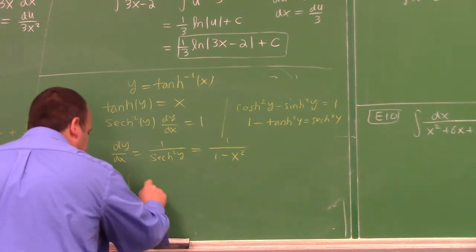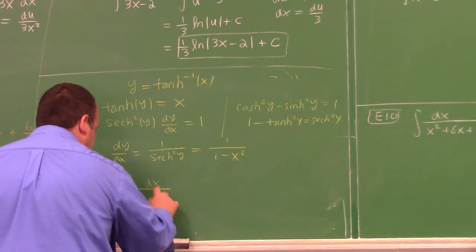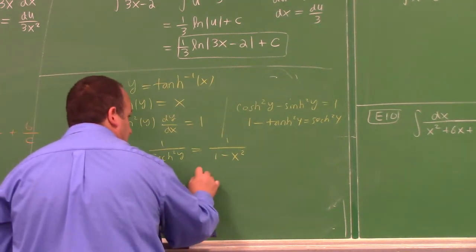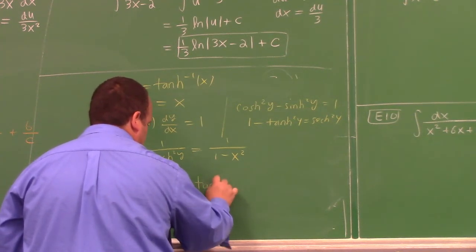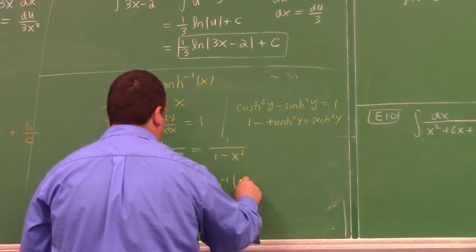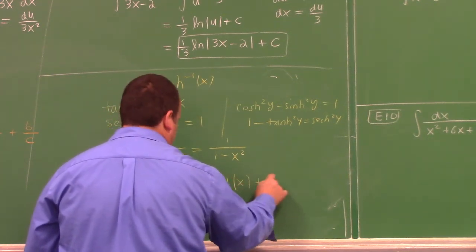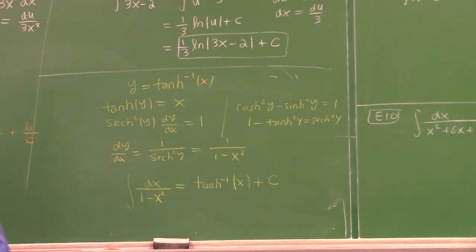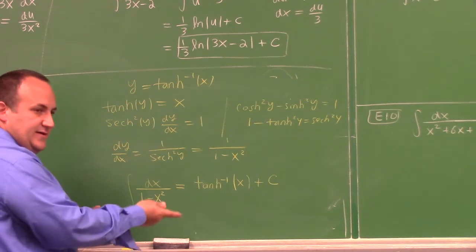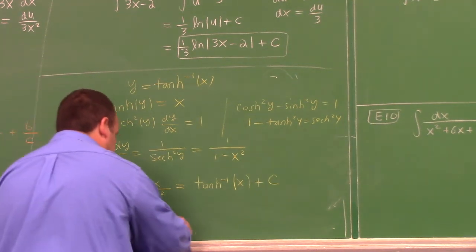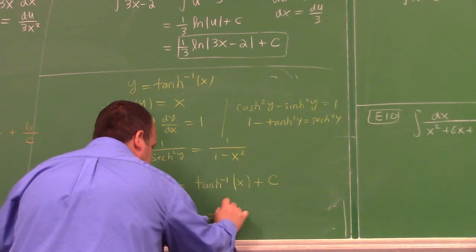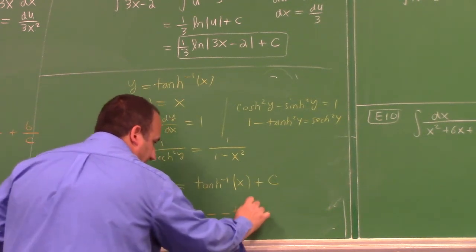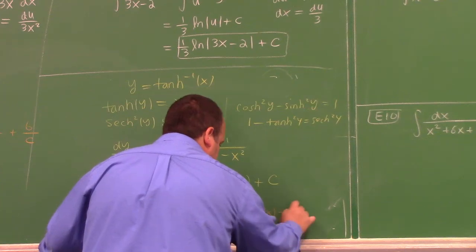The integral of dx over 1 minus x squared is equal to the inverse hyperbolic tangent of x. And for our purposes, it's useful to multiply this by minus 1, just to make it more natural. The integral of dx over x squared minus 1 is minus the inverse hyperbolic tangent of x plus a constant.